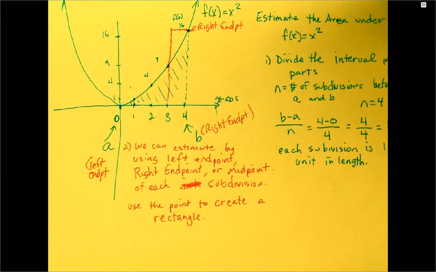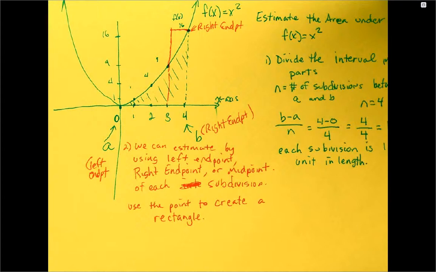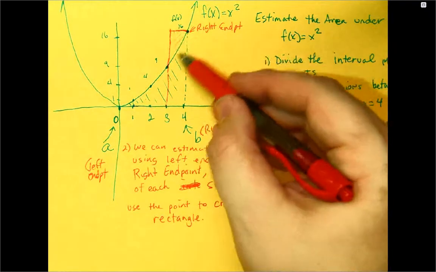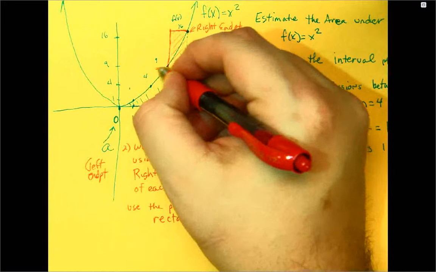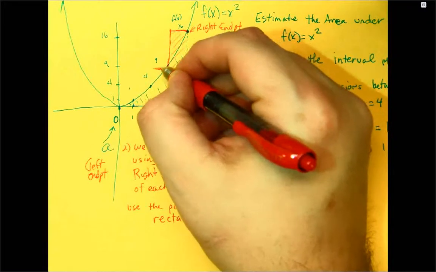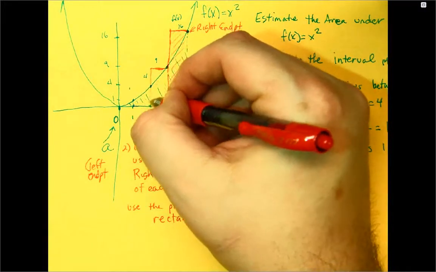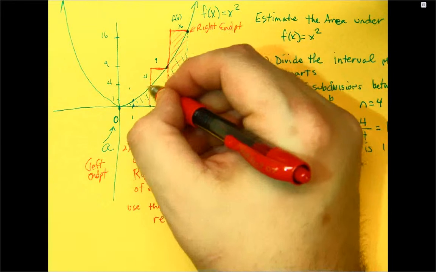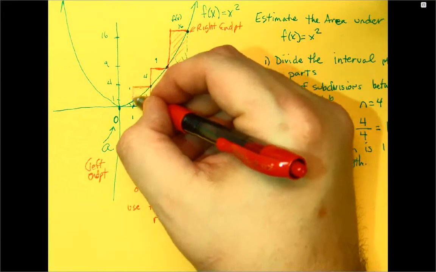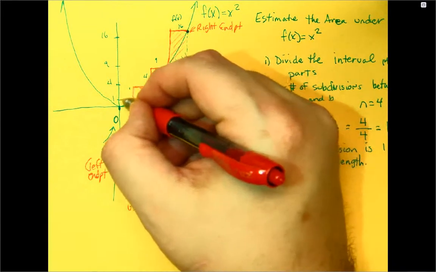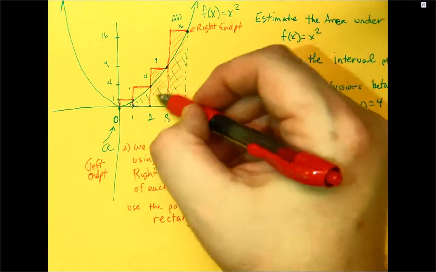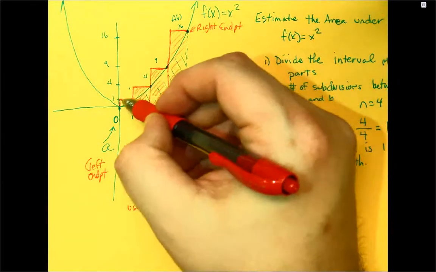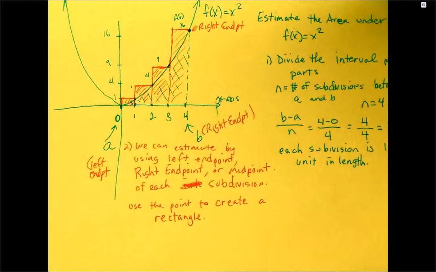That's going to create this rectangle right here. Now I'm going to use this right endpoint for the second one and create this. Then I'm going to use this one, and then I'm going to use this one. So that's my estimation. I'm going to create rectangles.